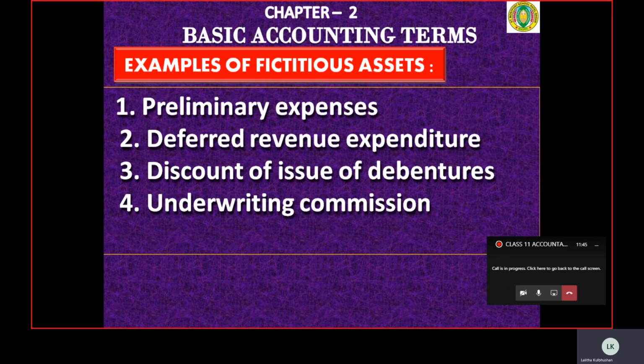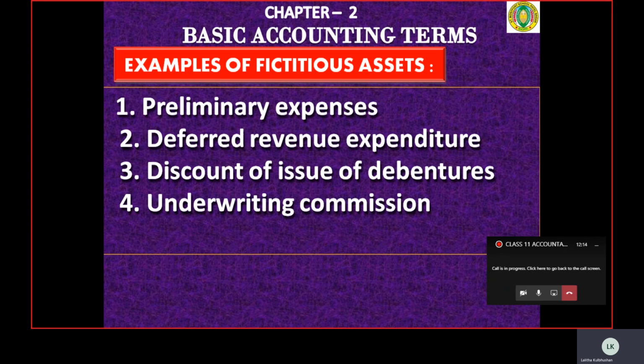Children, even these terms which you are presently seeing on the screen may feel very complicated. All these things will be clear to you in the coming days when you deal with the content. But presently let's pick up the number one example, that is the preliminary expenses, in order to understand the meaning of fictitious assets perfectly.